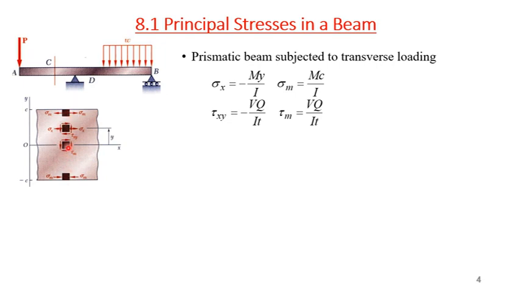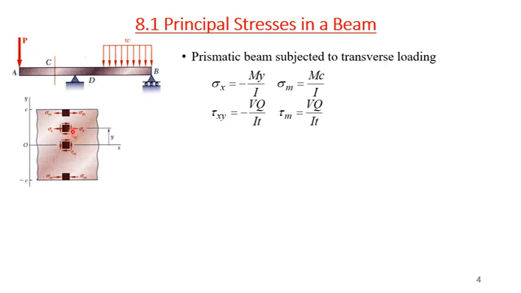But at the central axis or neutral axis, we have only shear stress, the maximum shear stress, where the normal stress will be 0. But in between the top surface and the neutral surface, we have a normal stress as well as shear stress.